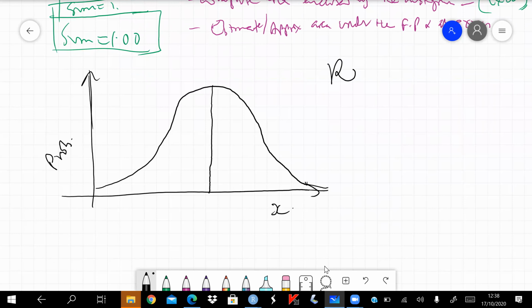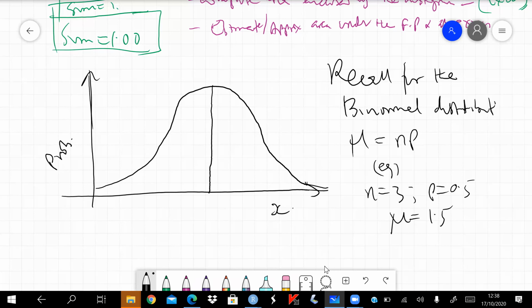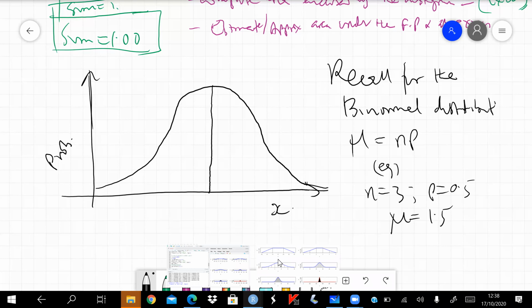Recall, for the binomial distribution, the mean is given by n times p. So when n is equal to 3 and p is 0.5, your mean is 1.5. So this is the 1.5 we are talking about, this point here.